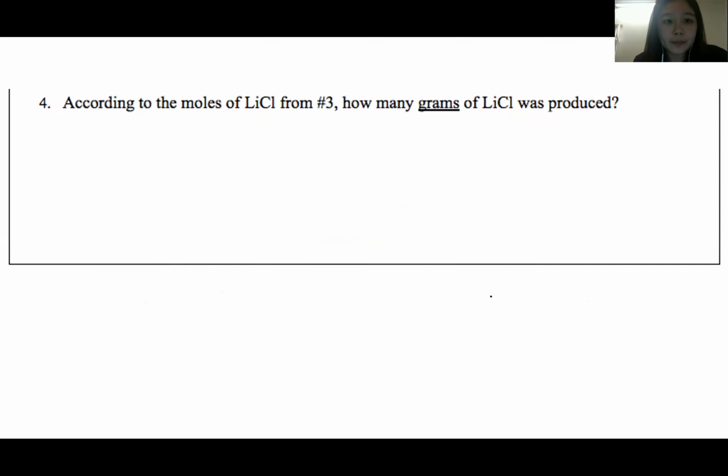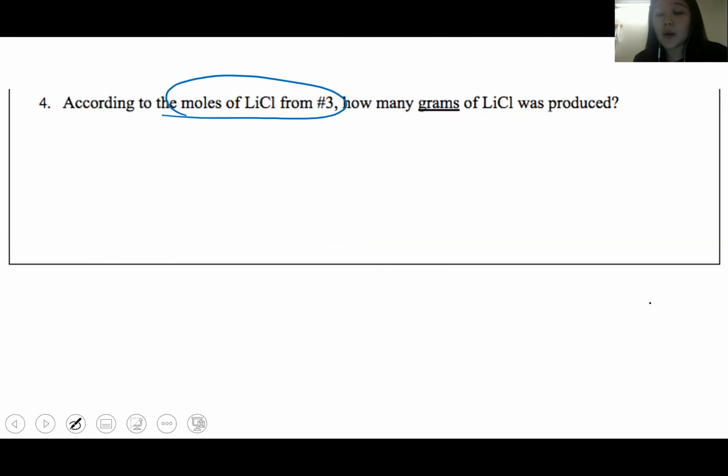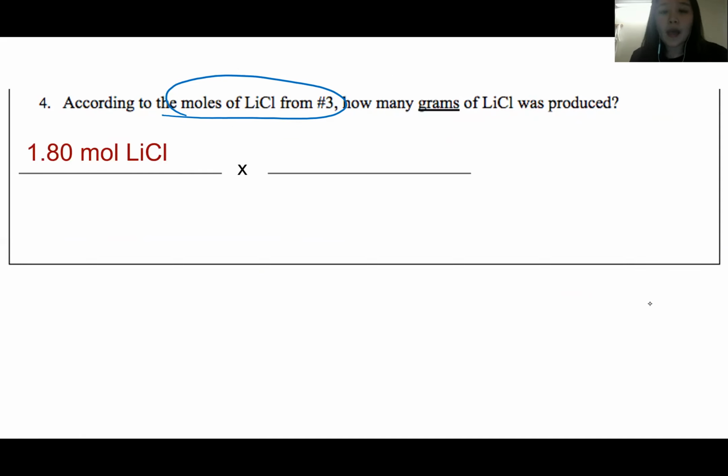Number 4, according to the moles of LiCl from number 3, how many grams of LiCl was produced? So we're going to use the moles we got from number 3, and we're looking for grams of LiCl. As soon as you see the word grams, you should think, oh, I need the molar mass of LiCl.